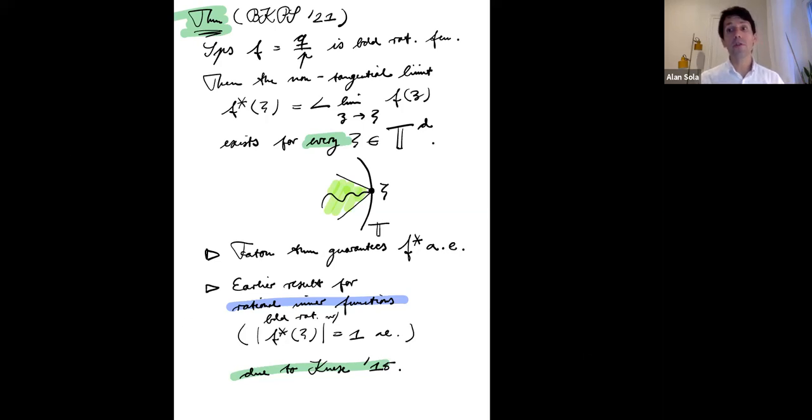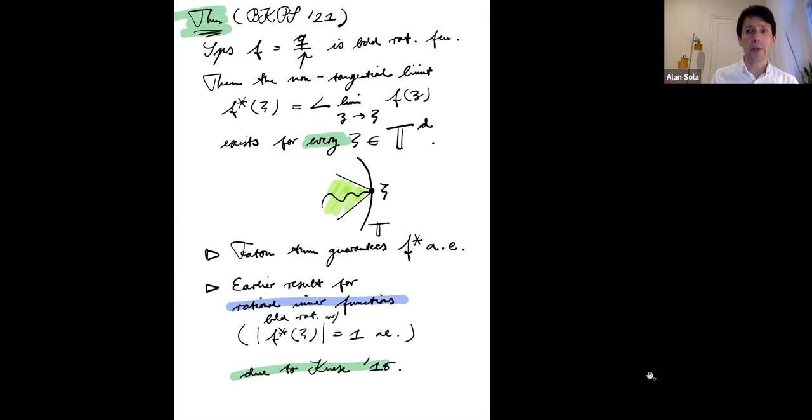And this is a generalization of a result that was obtained earlier by Nice for rational inner functions. And these are rational functions on polydisks that have modulus equal to 1 at almost every point of T^d. So boundedness of a rational function implies some additional regularity in this sense.